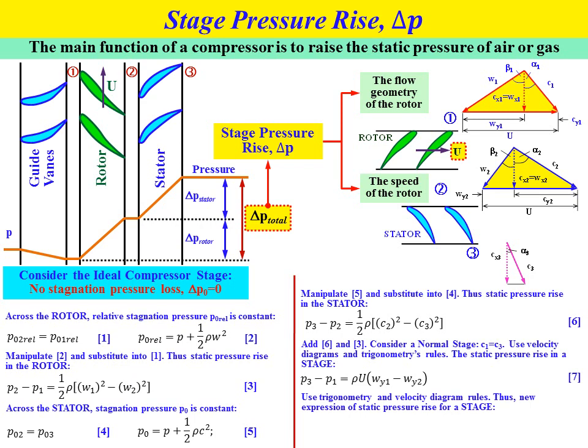Then use trigonometry and velocity diagram rules. Thus, the new expression of static pressure rise for a stage based on equation number 7 will be P3 minus P1 equal to rho U bracket Cy2 minus Cy1 equal to rho bracket H03 minus H01. Because we consider the normal stage condition, P3 minus P1 is also equal to rho H3 minus H1, represented by equation number 8.